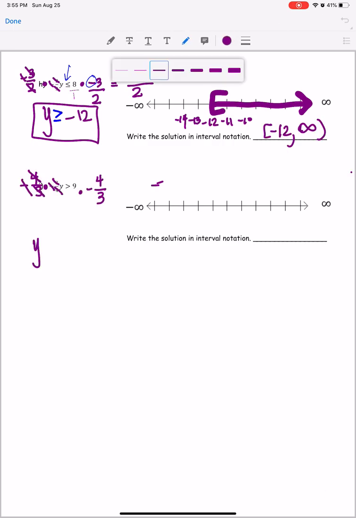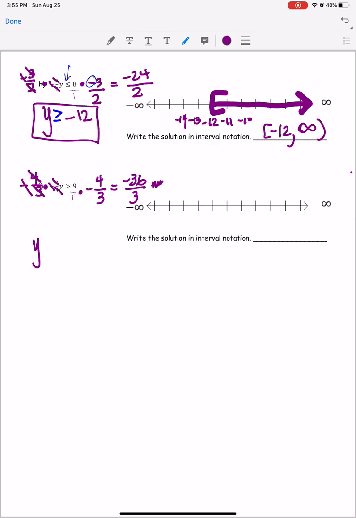Okay. If you need to, you can make this 9 a 9 over 1 to make it into a fraction, but multiply straight across. 9 times negative 4 is negative 36. 1 times 3 is 3.